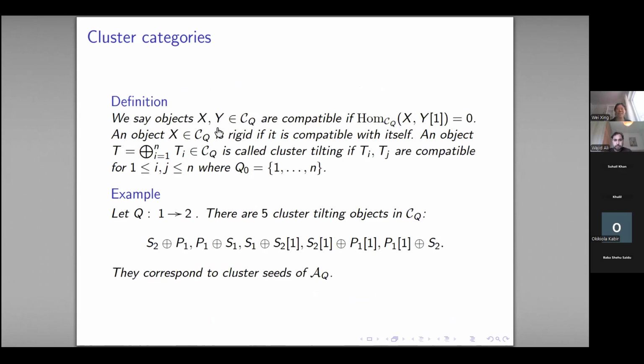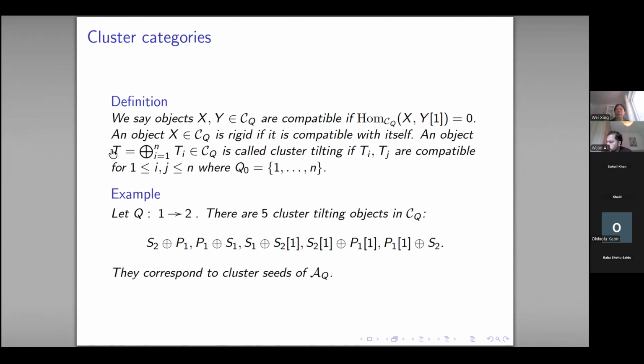So we need another notion, which is called compatible. If we have two objects X, Y in the cluster category CQ, they are called compatible if the Hom space from X to Y shifted by 1 is 0. And an object X is called rigid if it is compatible with itself. So those rigid objects are the special objects we are interested in.